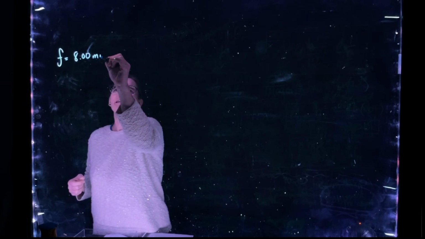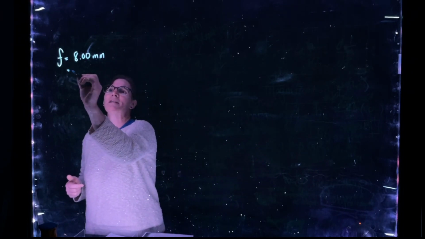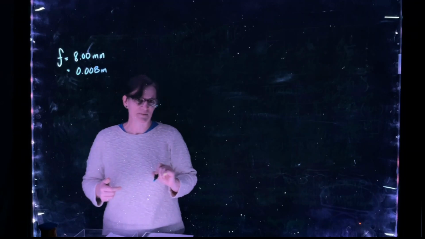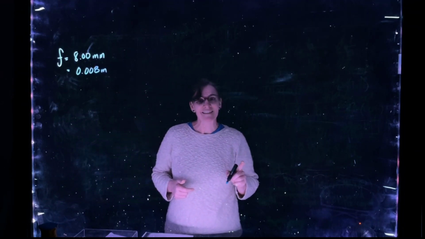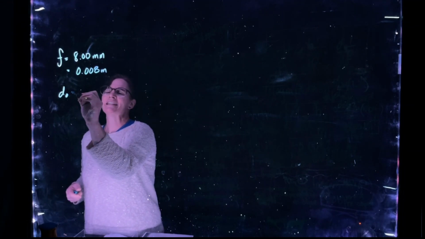So we are told that the lens has a focal length of 8 millimeters. We're going to put everything into our standard units of meters. So this is 0.008 meters. All right. It also tells us that the object is 30 centimeters away. That's our object distance.